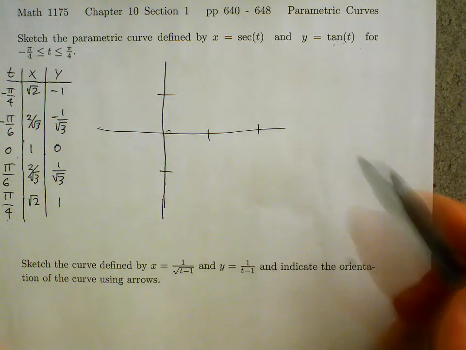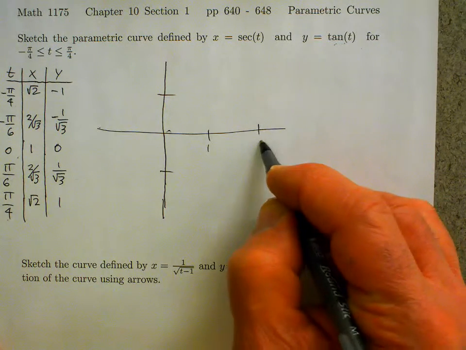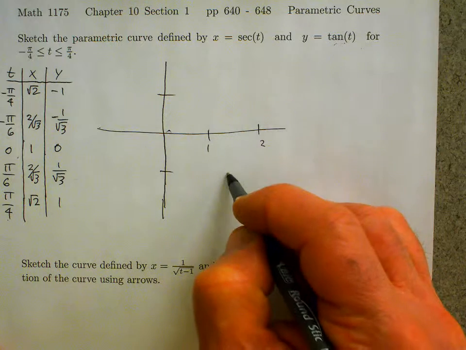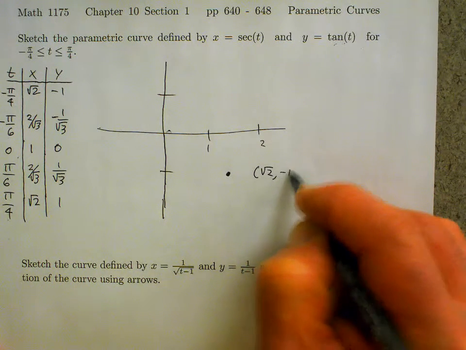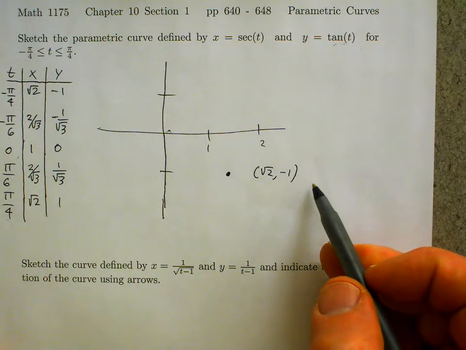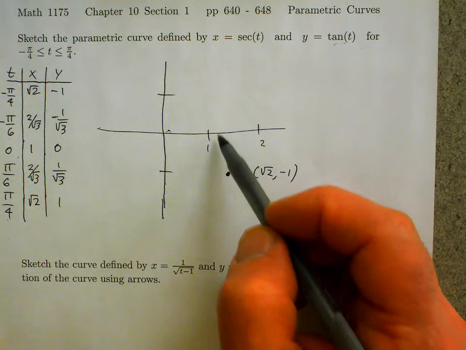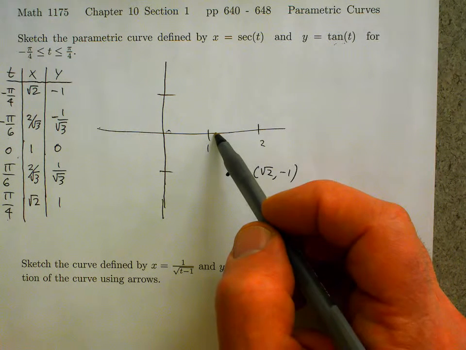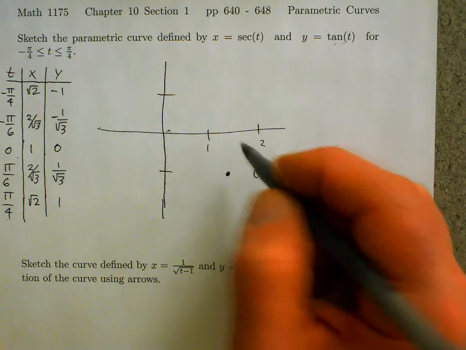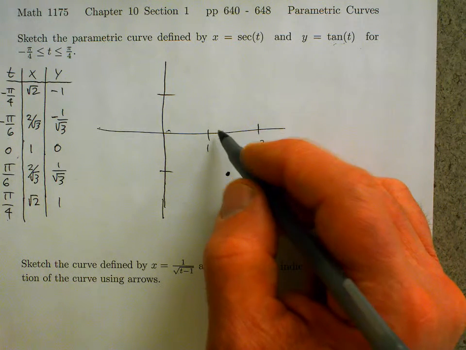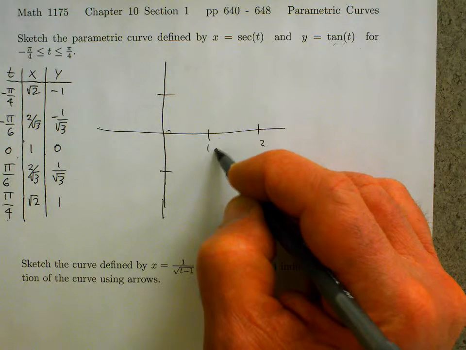Okay, so the square root of 2 is about 1.4, and -1, so we get this point. This is our initial point. 2 over the square root of 3 is a little bit bigger than 1, and minus 1 over the square root of 3 is roughly negative 2/3.